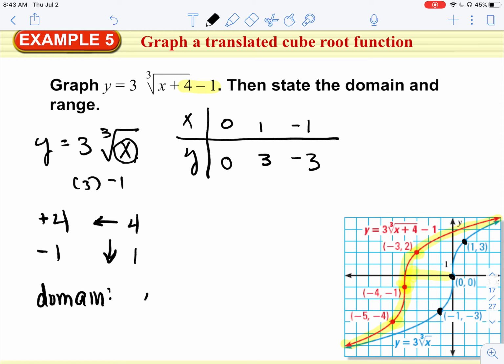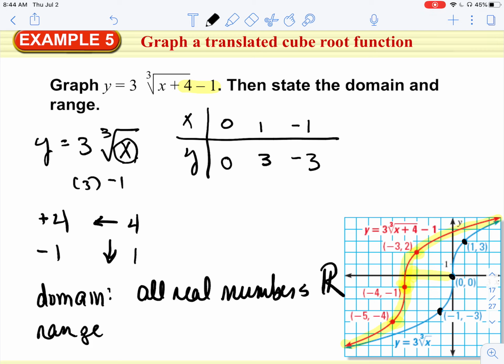So I can do all real numbers, with a symbol like that. And then my range, if I put in everything, I can actually get everything out. So my answer is all real numbers again, which my symbol looks like that.